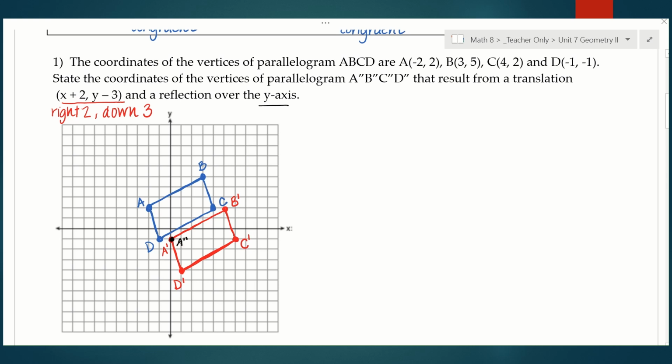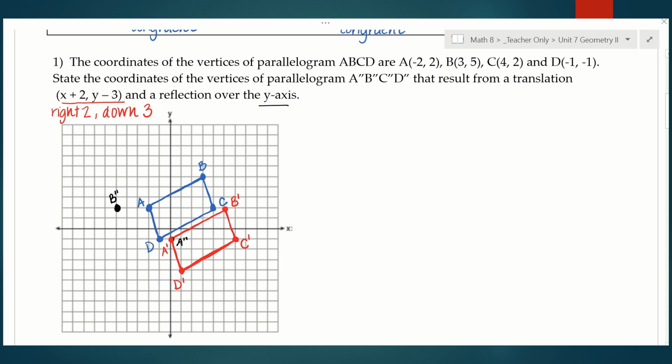as A double prime. For B, if I count how far away from the y-axis, 1, 2, 3, 4, 5 away from the y-axis, going in the right direction. So I'm going to go left 5. So B double prime would be right here.